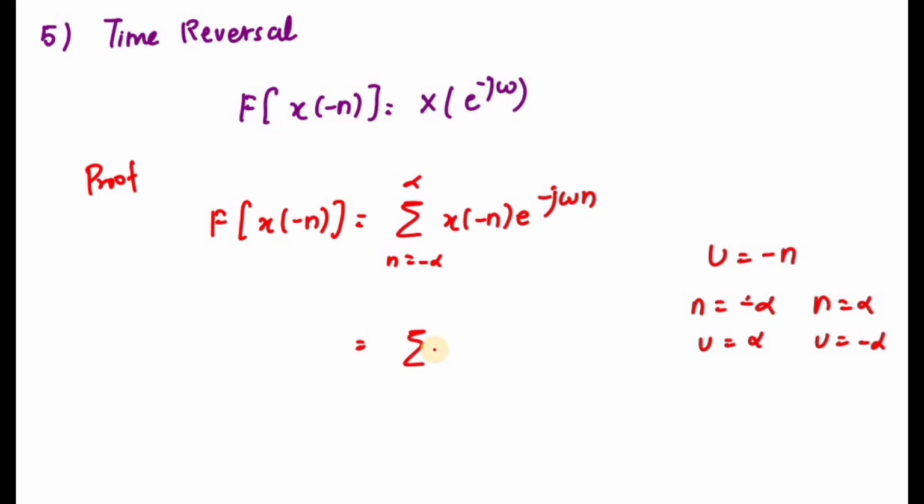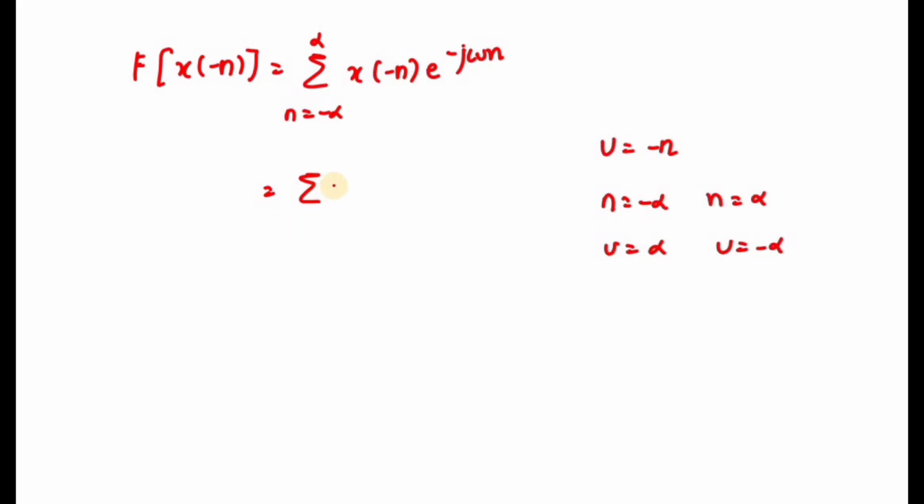So if I substitute, I'll get the summation of x of u e power minus j omega u with u going from infinity to minus infinity.